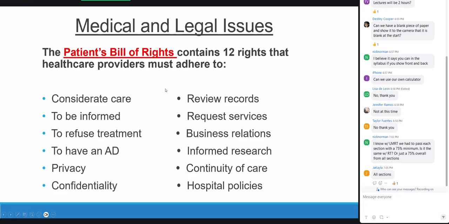Looking at the patient's Bill of Rights, healthcare providers must adhere to these 12 rights, always making sure to give considerate care to our patients. Understand that the patient has the right to be informed, also to refuse treatment.